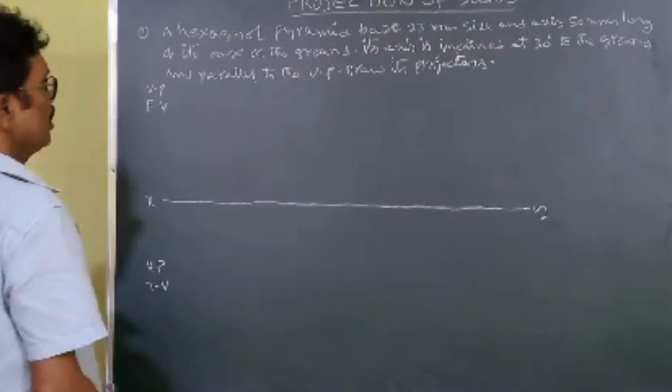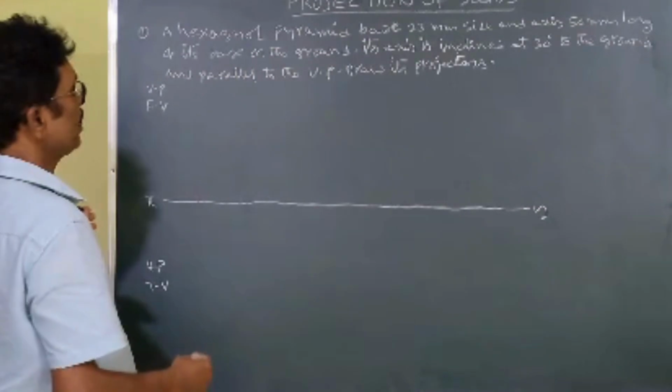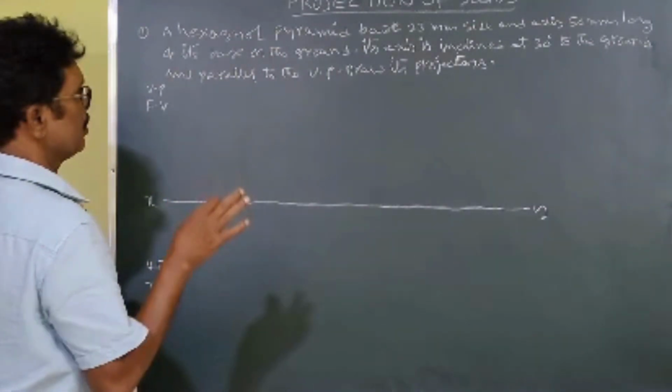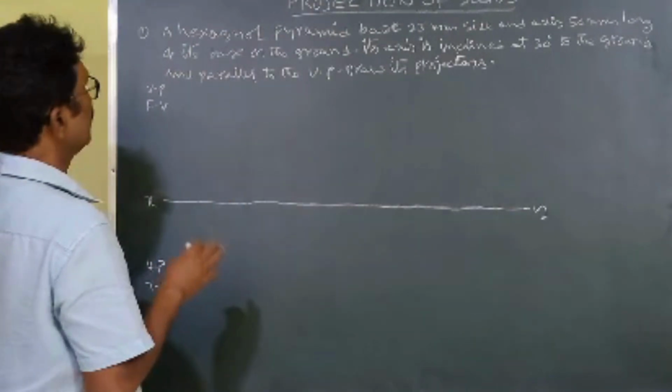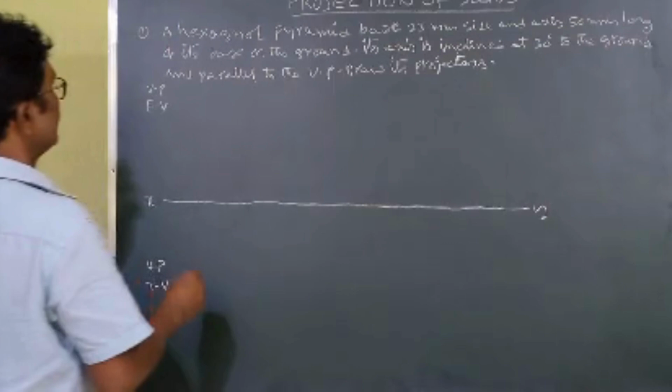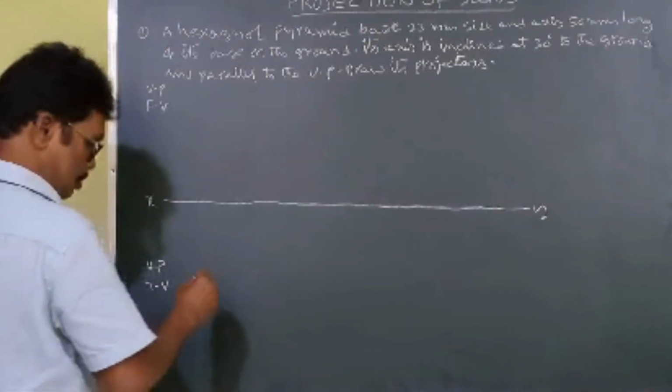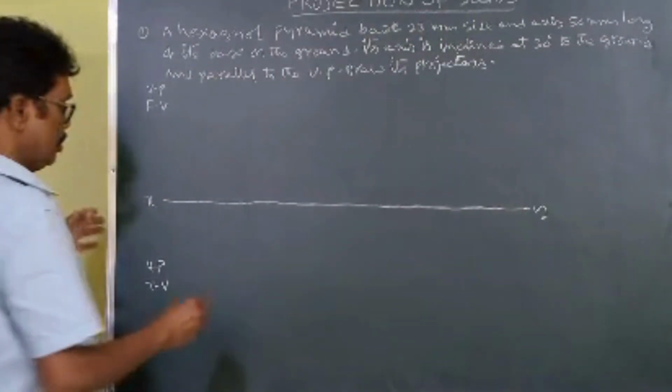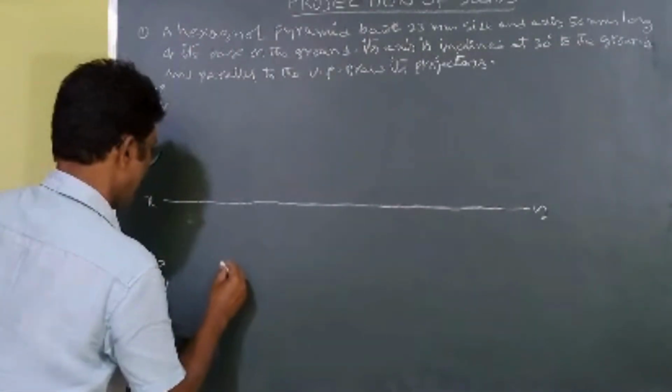The base side and axis length are given. So first we have to develop the base in the HP. Already you know how to draw the base in the HP.